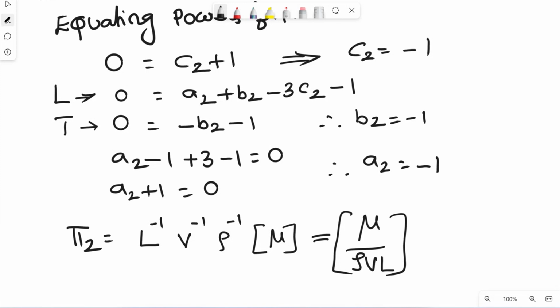Similarly, solve the third pi term also in the same way, then naturally you will go ahead with the problem on how to take it.